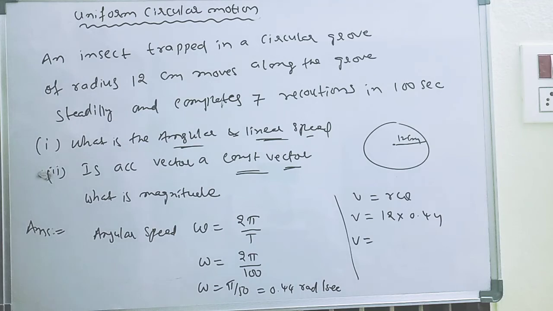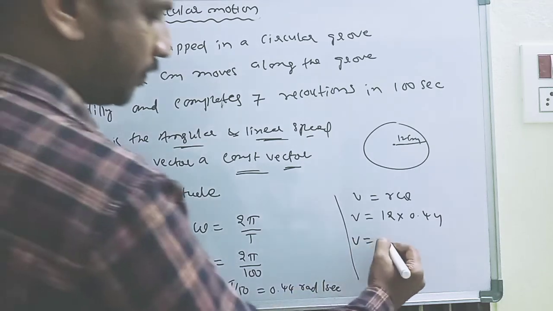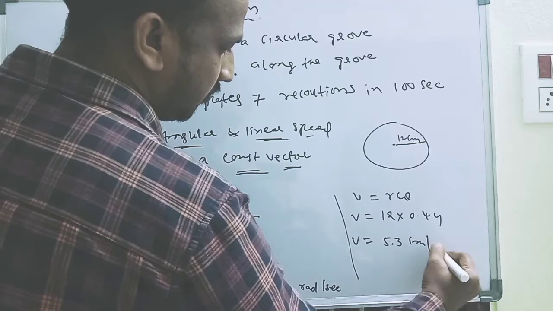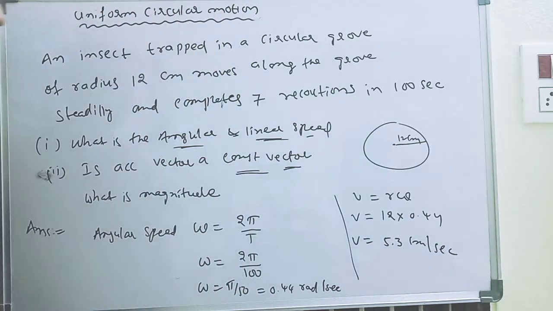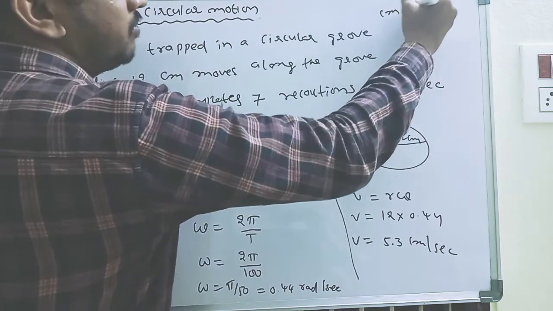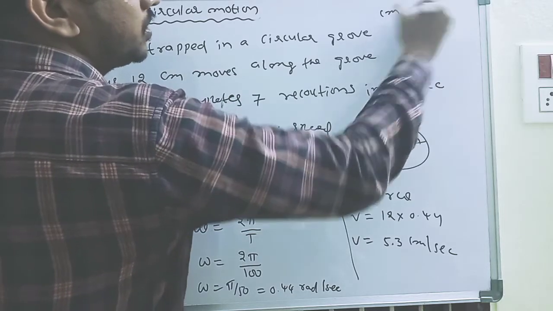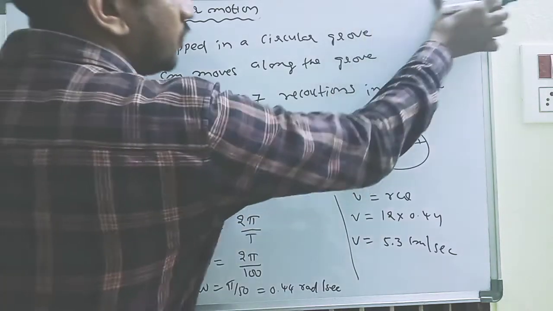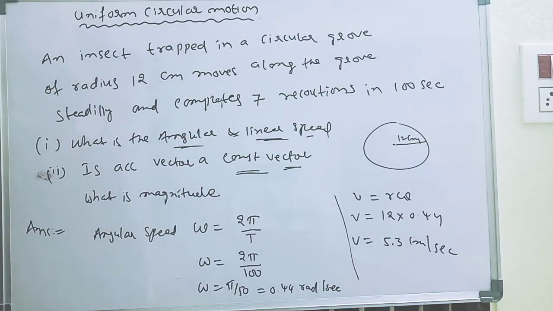So that is directly 5.3 centimeter per second. Here I am not converting centimeters into meters. Okay, so V is equal to 5.3 centimeter per second.